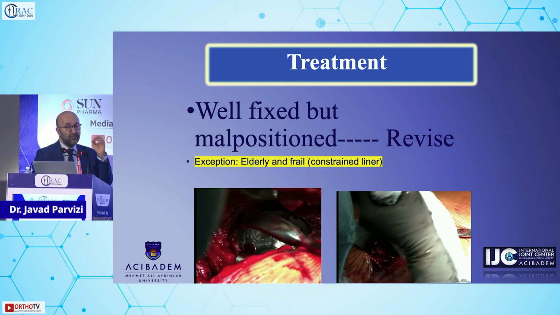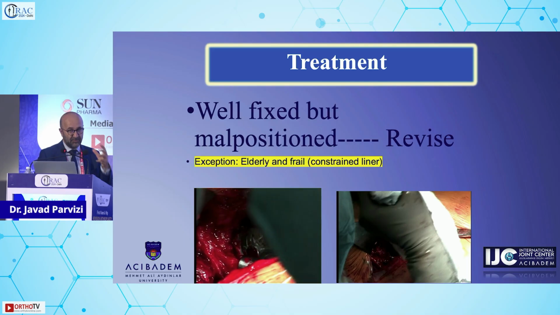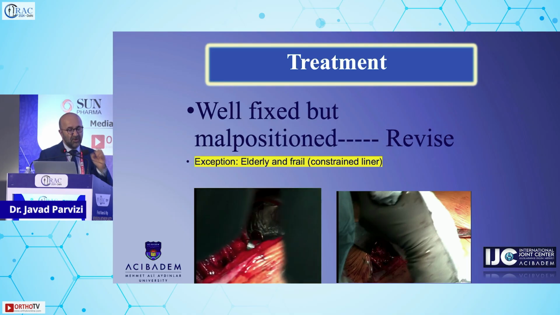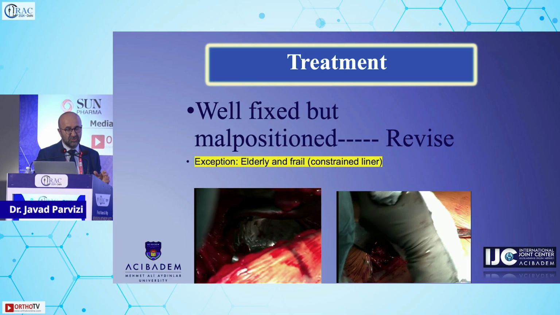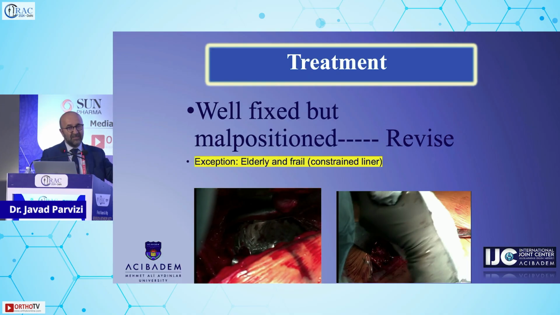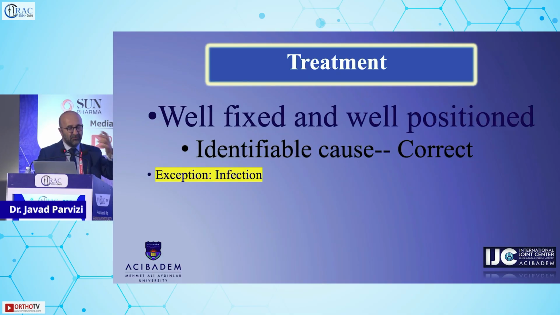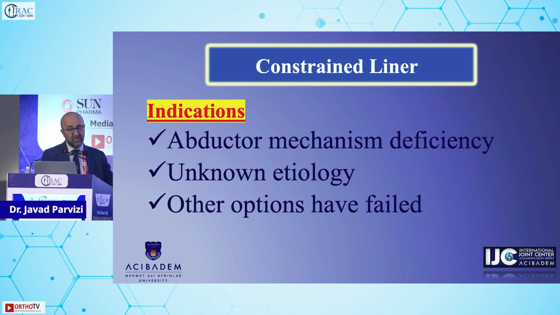But if you're going to be putting a new cup in, if you've revised, you should be very cautious about the use of a constrained liner, because that can transfer the forces to the interface of implant and bone. So you should really use a constrained liner in the context of a very well-fixed cup, where you can either use the locking mechanism that exists, or you can cement into that liner.